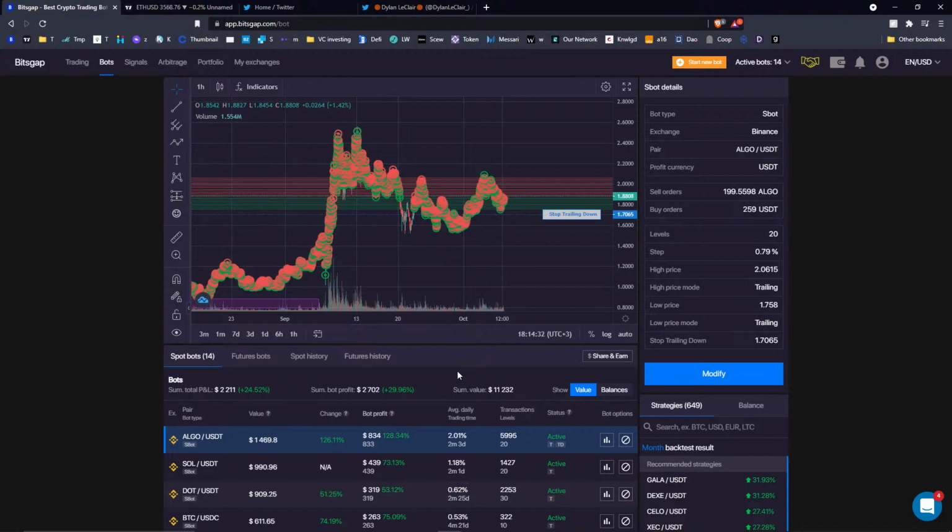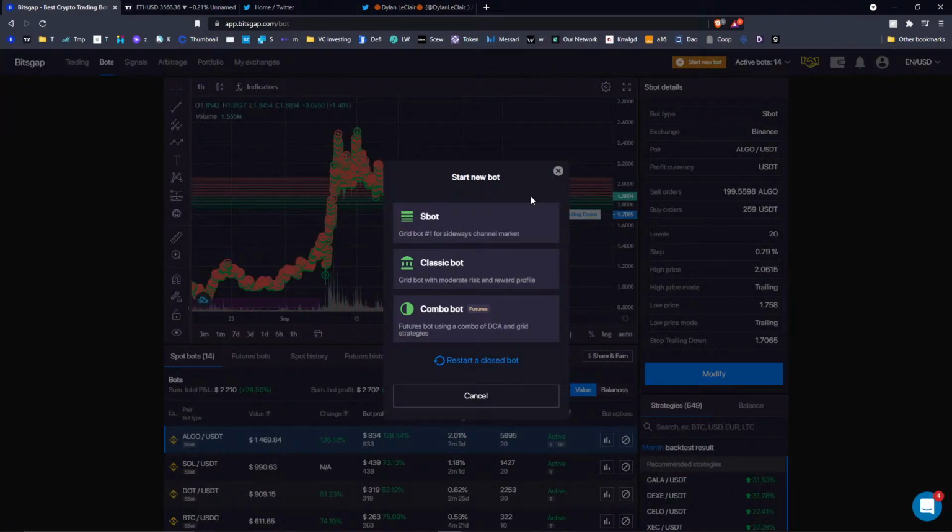But if you are, let's say, a complete newbie in trading with automated bots, then I would recommend to start with the ASBot, because that way you can capture falling market, sideways market, and even generate money on the rising market. It's just that you would sleep better, since you don't have enough experience to distinguish the market cases for the classic bot and the ASBot.